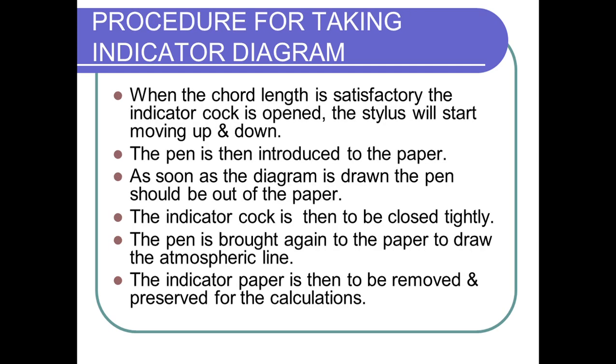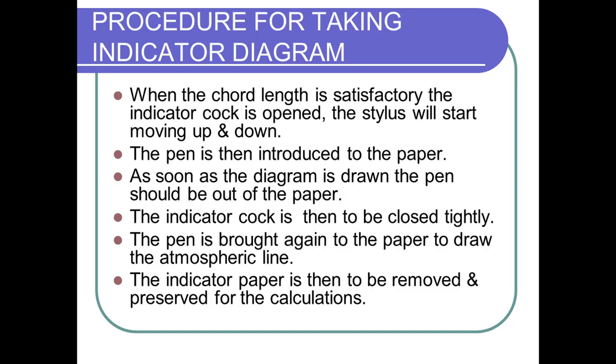Now what is the procedure that we follow? We did the pre-preparations, we saw the construction and why we are not using it in the higher speed engine. So now what is the procedure for taking an indicator diagram? When the cord length is satisfactory, the indicator cock is opened, the stylus will start moving up and down, and the pen is then introduced to the paper.